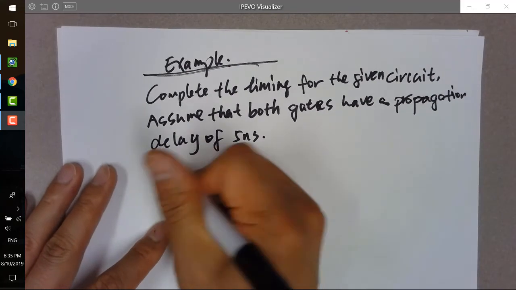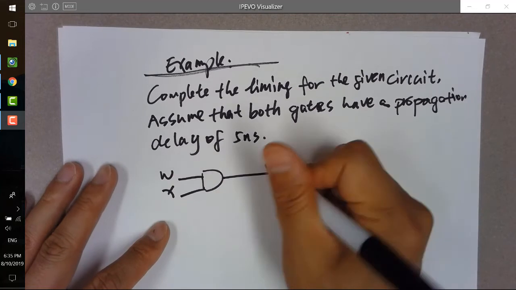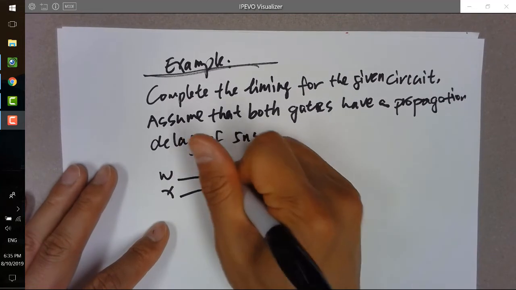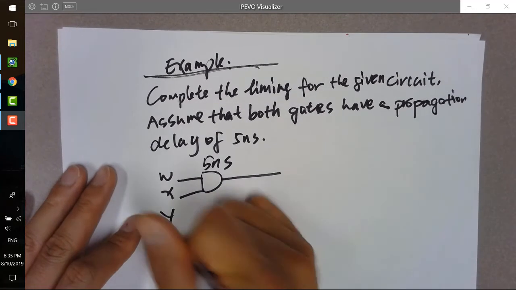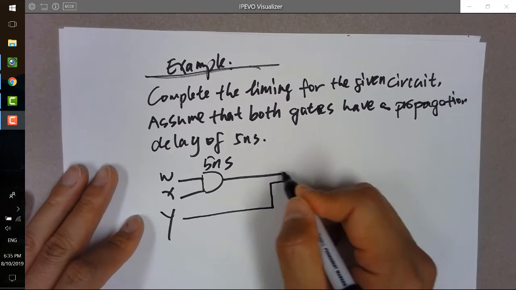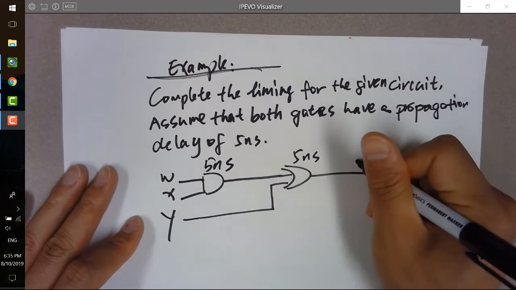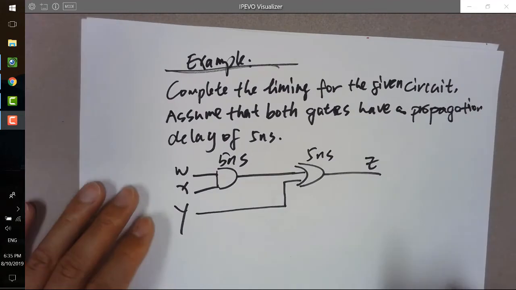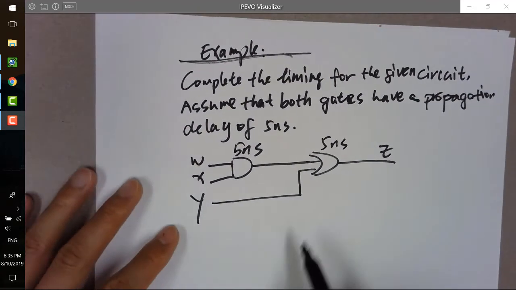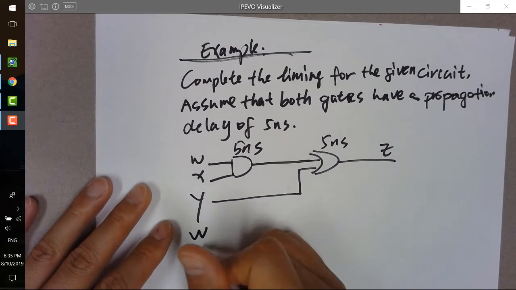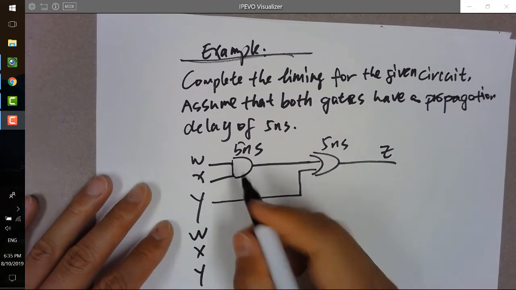We have W and X as two inputs for this AND gate, which has a 5 nanosecond delay, and then you have Y as another signal and another 5 nanosecond delay. And finally, you get result Z here. Okay, and you have some initial signals being given here.